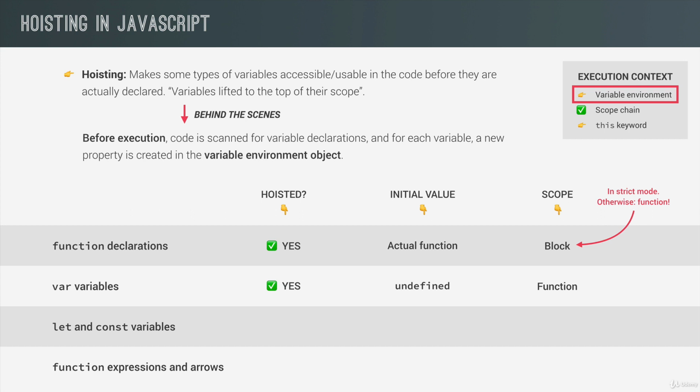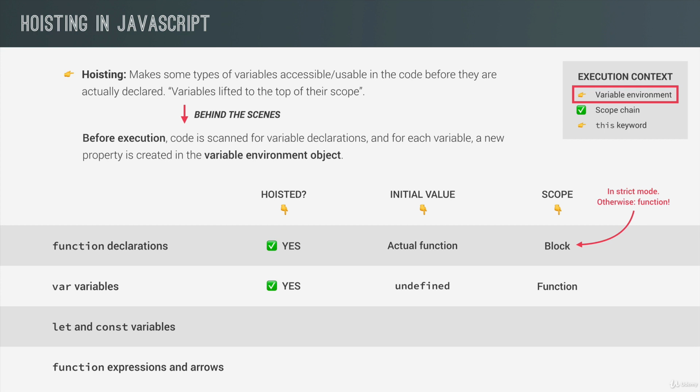You might expect that you simply get an error when using a variable before declaring it, or to get the actual value, but not to get undefined. Because getting undefined is just really weird. And it's not really useful either, right? And actually, this behavior is a common source of bugs in JavaScript. So this is one of the main reasons why in modern JavaScript we almost never use var.